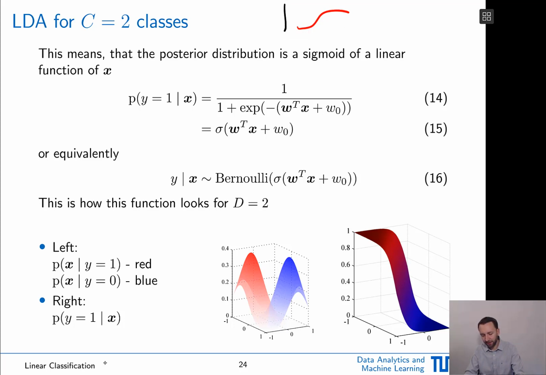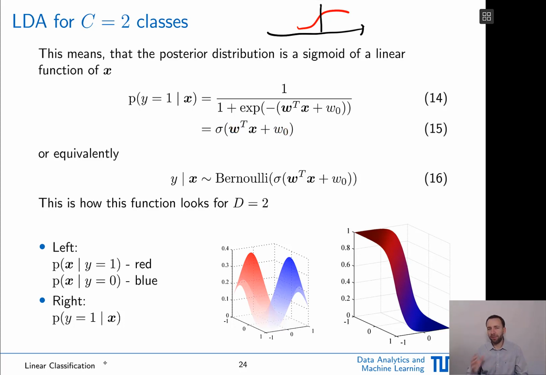Actually, let me draw it in the middle. It's not a step function, but it's like some continuous function between 0 and 1. It gives you somehow a probability, right? It gives a probability and not just a hard decision. That's one core difference. And the second difference is that here in this LDA approach, these W's are actually not free parameters.